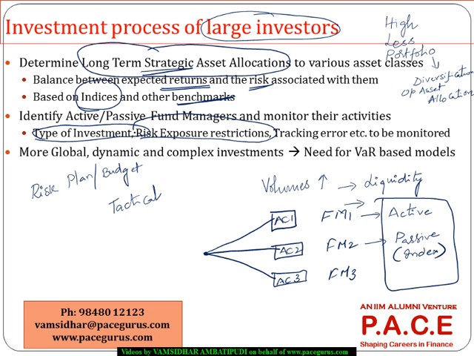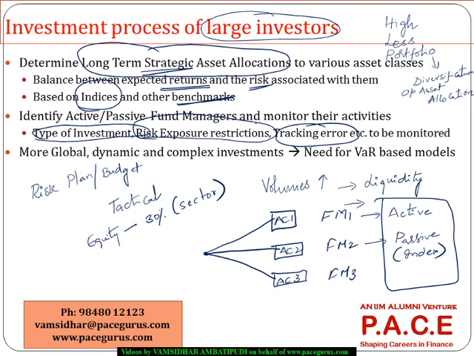Or risk exposure restrictions. The restriction could be that, though you are doing equity investment, you should not invest more than, let's say, 30% in any sector. Some kind of restrictions with respect to the exposure will be set. So, monitoring whether the managers are going in line with the expectations or not, and also looking out for tracking error.